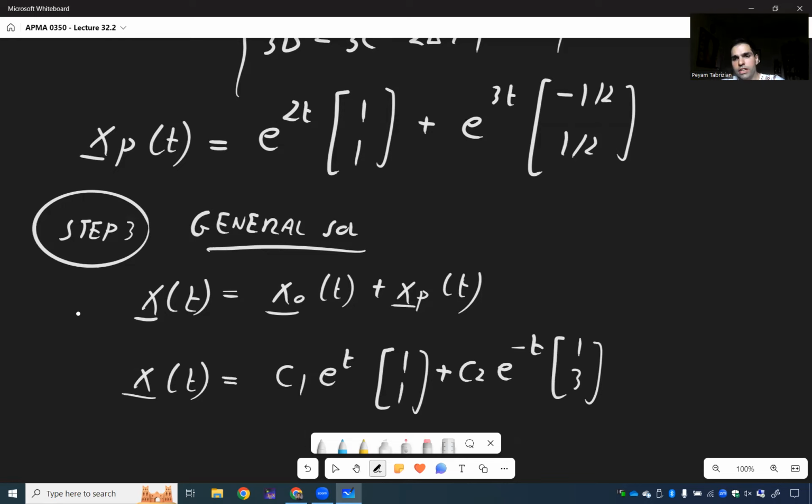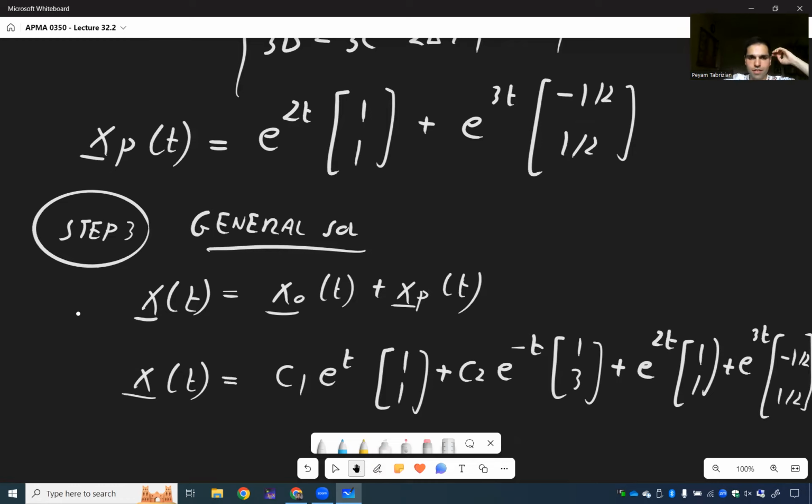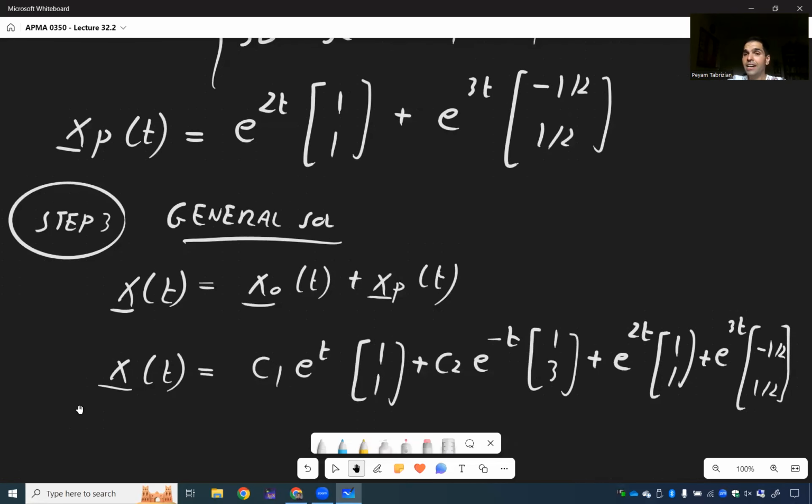Yeah, 1, 3, and then plus the particular solution e to the 2t times 1, 1 plus e to the 3t times minus 1/2 and then 1/2. Ta-da! And that's all she wrote. So once again, the homogeneous solution, use eigenvalues, eigenvectors for that, and for particular solution, you guess it based on the right-hand side.